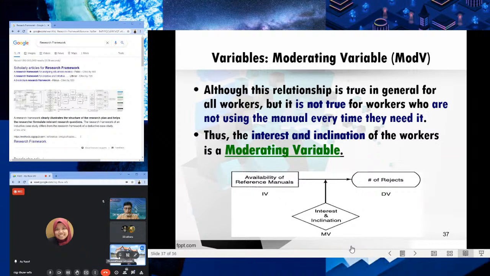So maybe you can add something very important to your research, either as a DV or IV. The moderating variable may influence or affect the relationship between these two. If you think it is necessary to add it as either a new independent variable or dependent variable, you may do that. So it depends on the scope of your study.